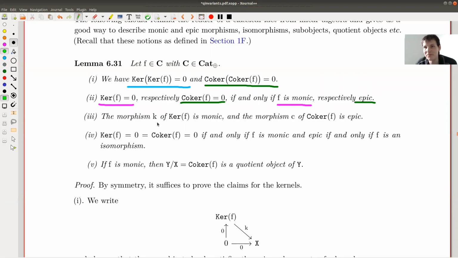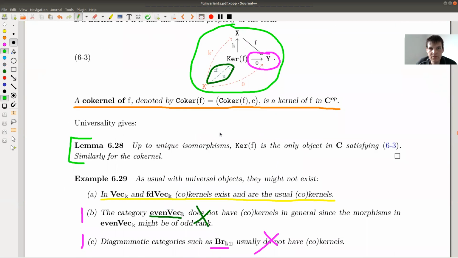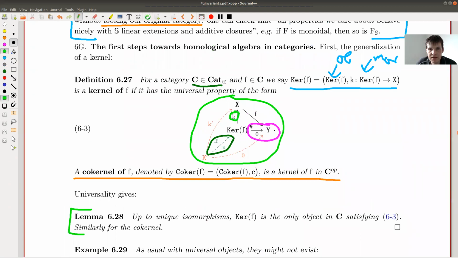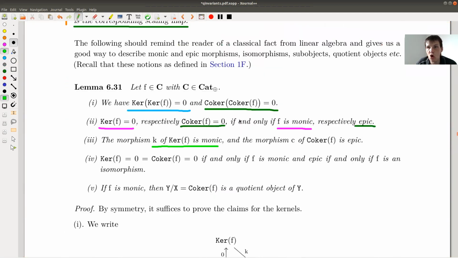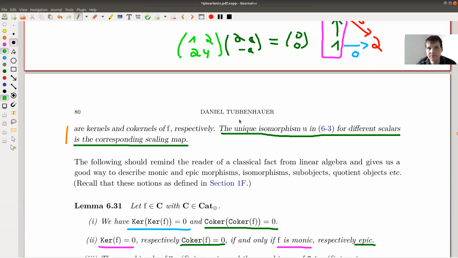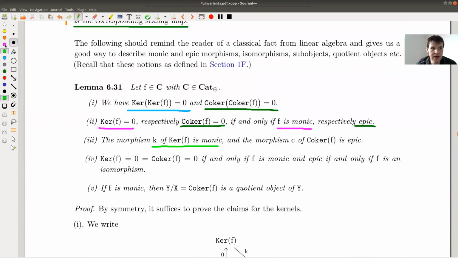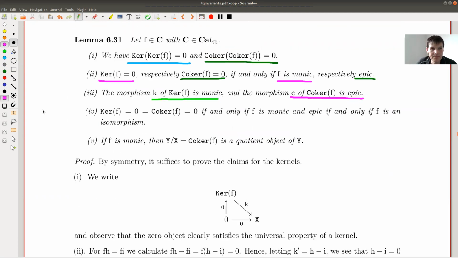It's actually very important, but it's best to just write it down in the example above. The morphism K, right here, that's always monic. And the morphism C of the co-kernel, the opposite one, is always epic. And this is a good one.